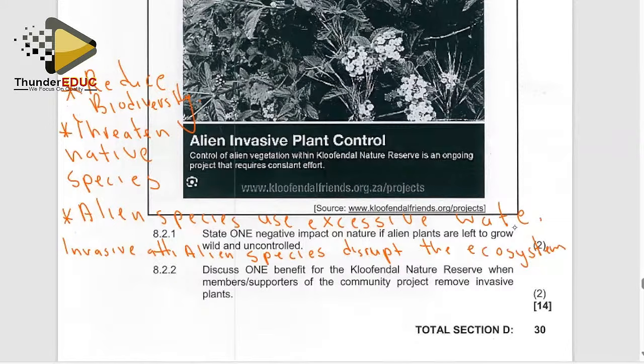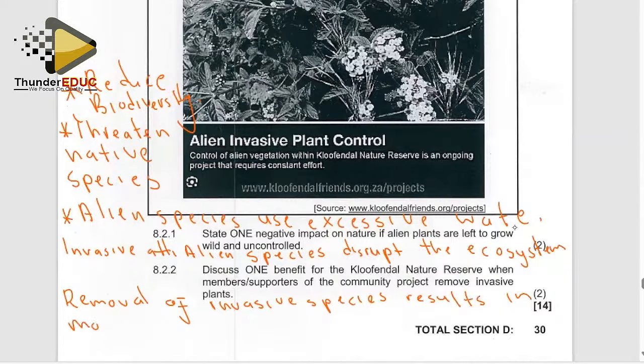Then discuss one benefit for the Kloofendal Nature Reserve when members or supporters of the community project remove invasive plants. So this actually is a good thing. Removal of invasive species results in more biodiversity, better ecosystems.